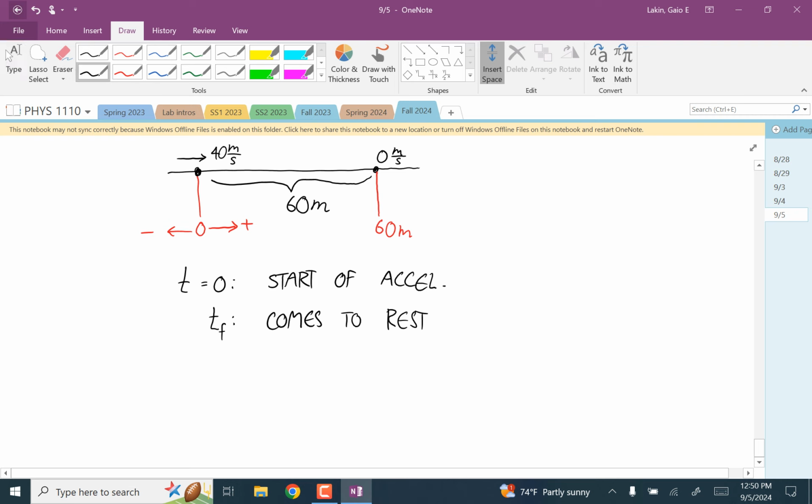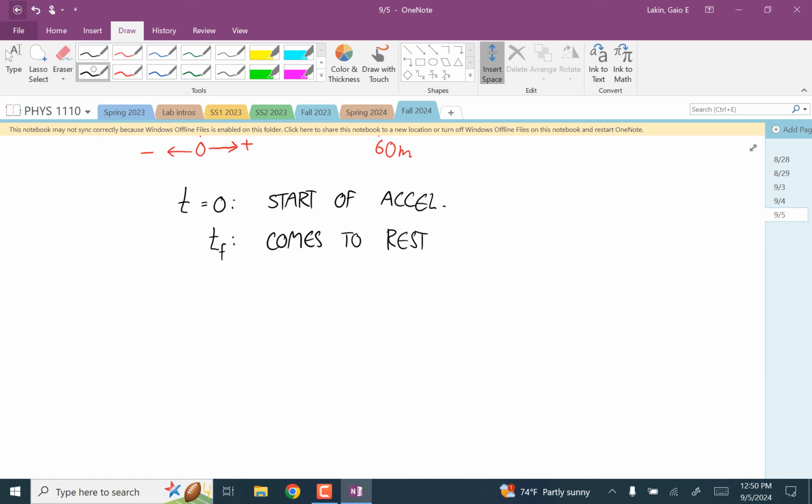Okay, so these are our choices, and now based on this, we can start to figure out what variables we know and what we want. And I'm going to list out all the variables in order, so we can just go through the list.